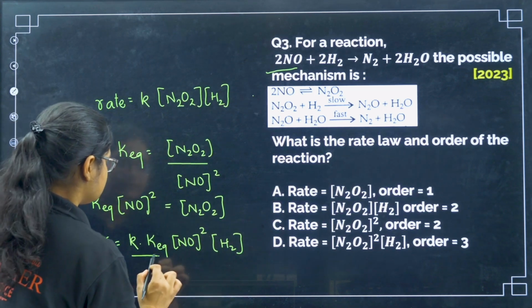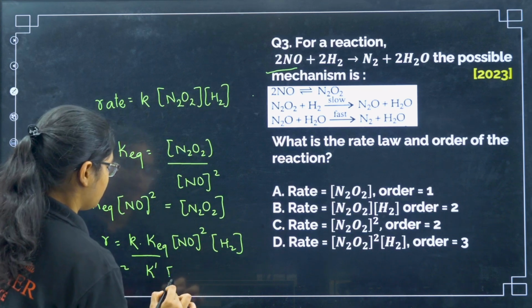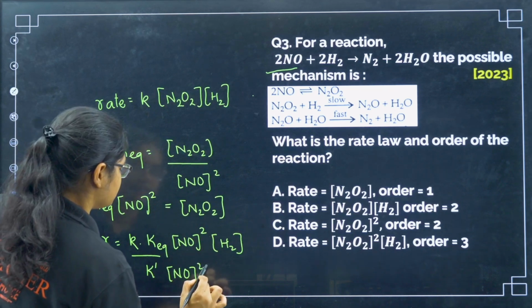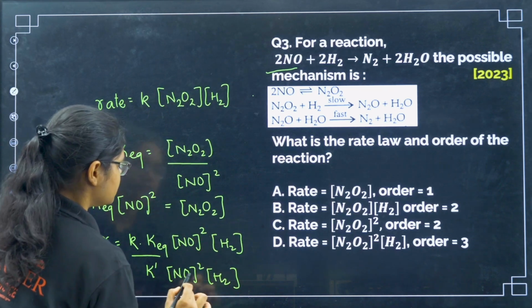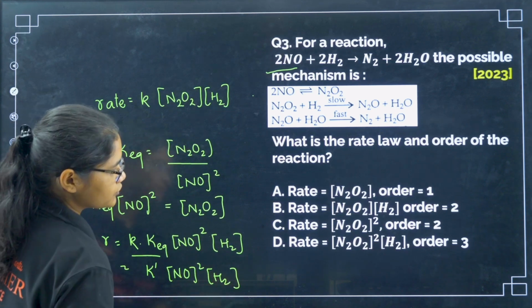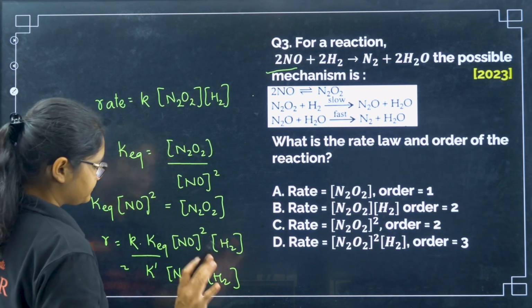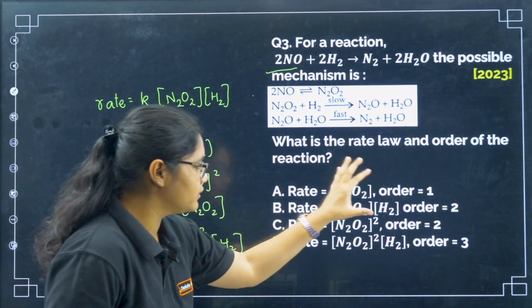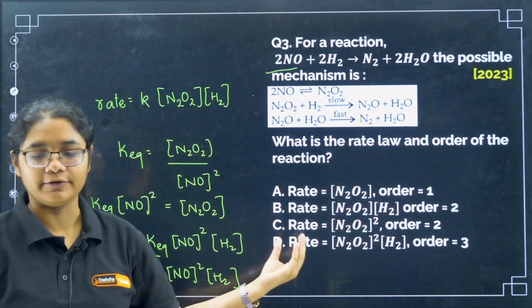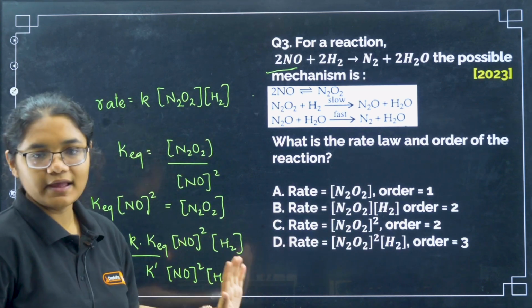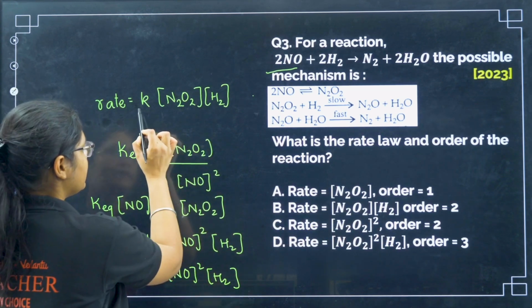Now this one can be written as K dash, where I have taken it as a concentration, and I have NO square and H2. If all the options are given in terms of N2O2, this option is not there, so we take it directly in terms of this one.